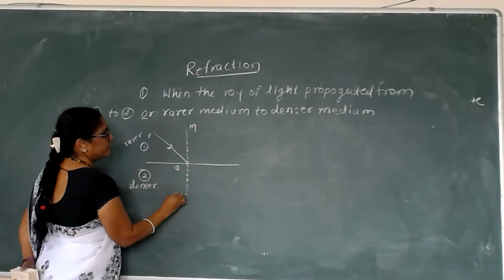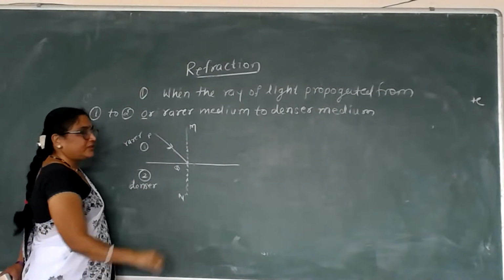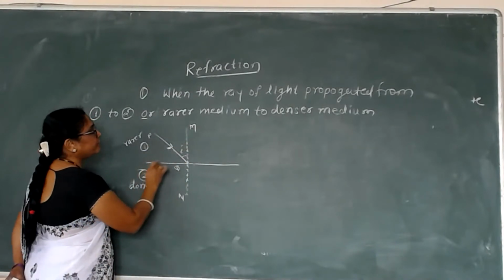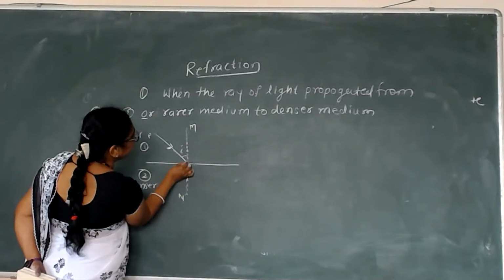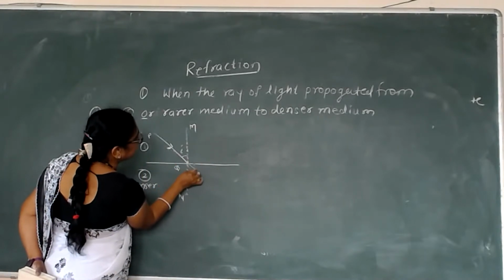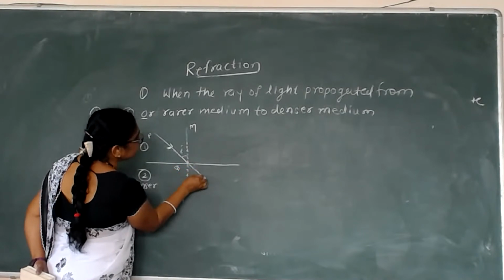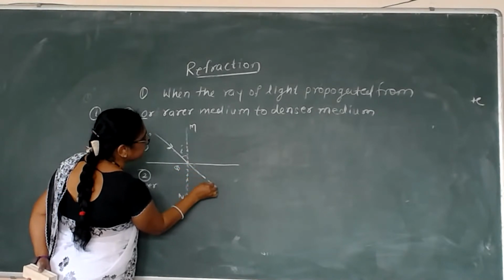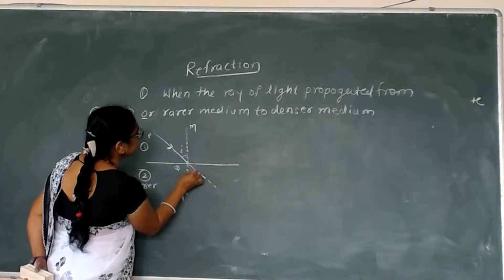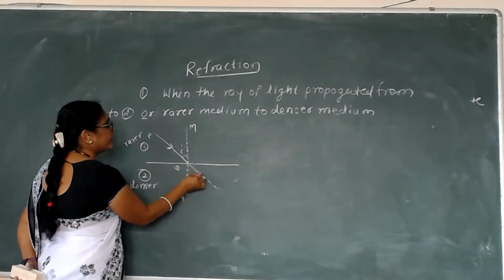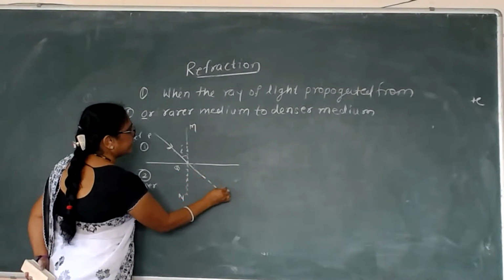If we name the point M here, the angle which is found is known as i. If the medium does not change, the ray of light propagates in a straight line. In a homogeneous medium, the ray of light propagates in the same direction. So this is the incident ray.